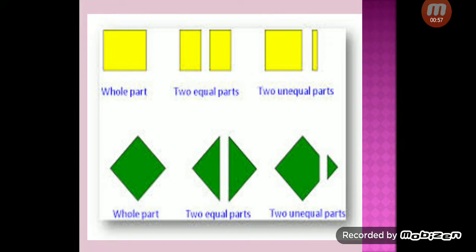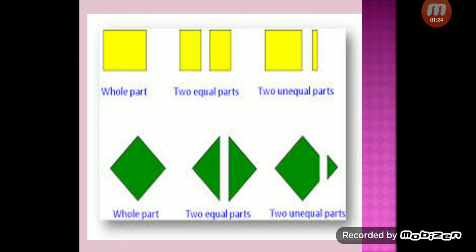In the first picture, as you can see, the two parts are equal, whereas in the second picture the parts are unequal. In the second question, I have one whole diamond and I have divided it into two parts. Again, in the first picture the two parts are equal and in the second picture the parts are unequal.